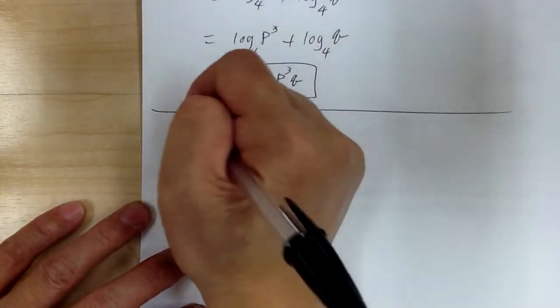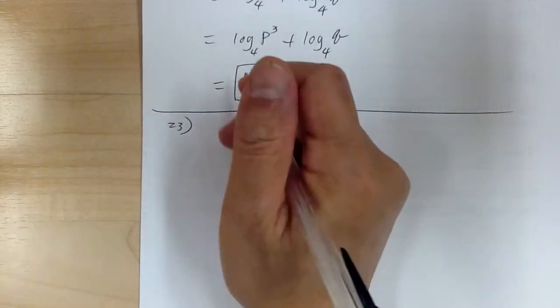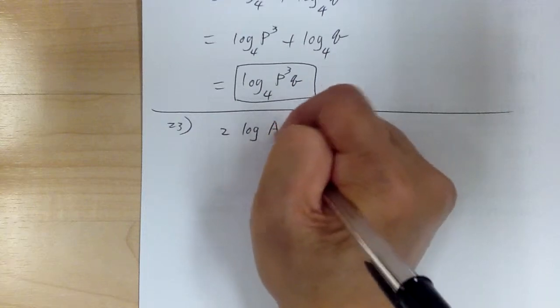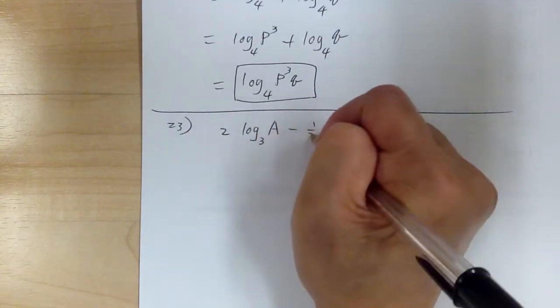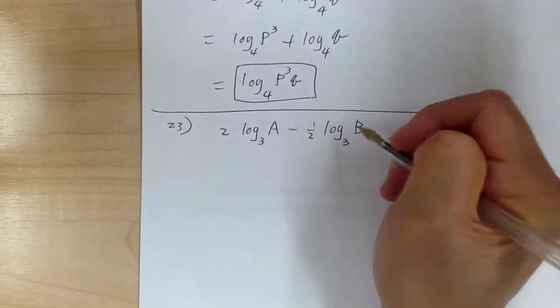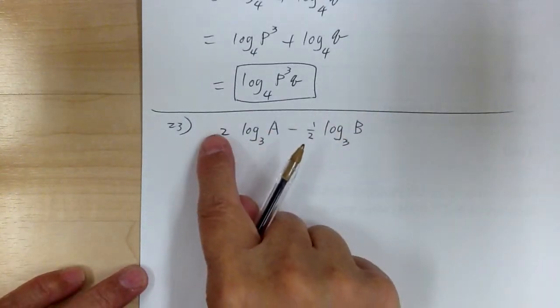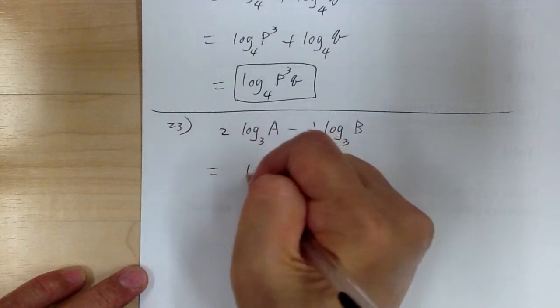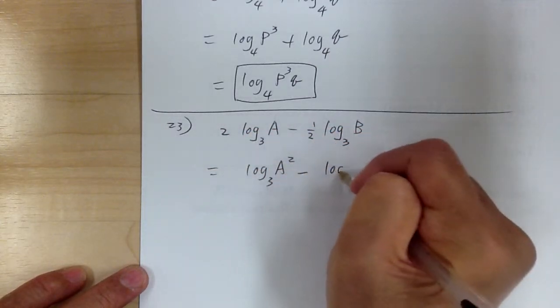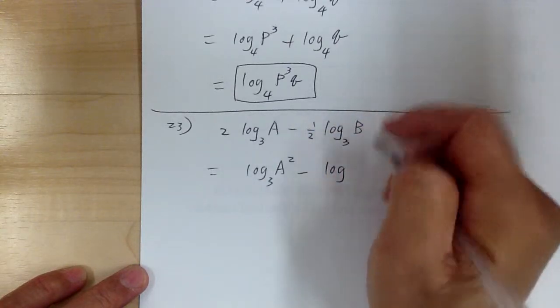Okay, let's go to 23. So you got 2 log a base 3 minus 1/2 log b base 3. Okay, so first let's bring the exponent in. So this is equal to log of a squared base 3 minus log of, now 1/2 power is square root, right?